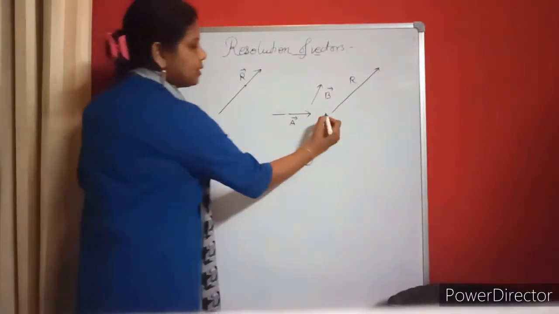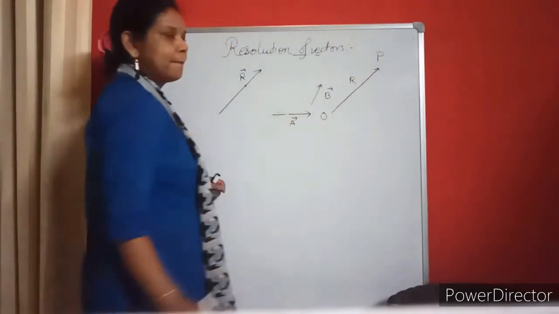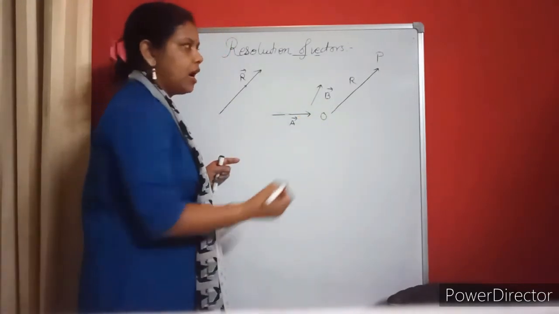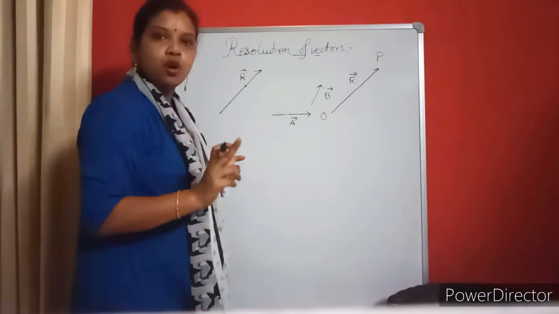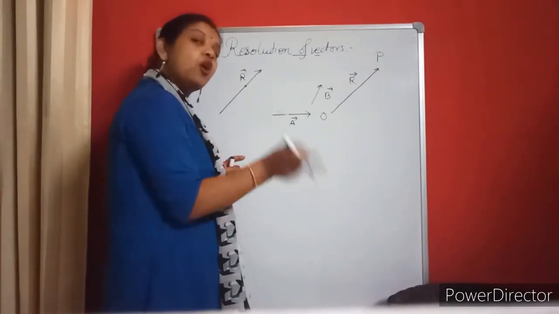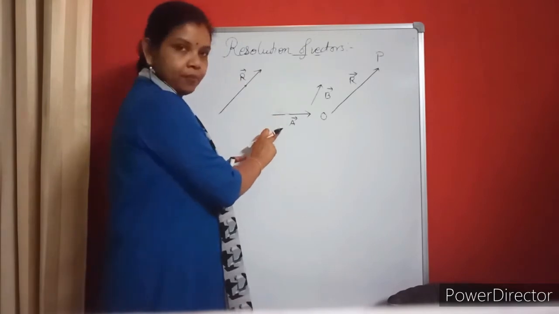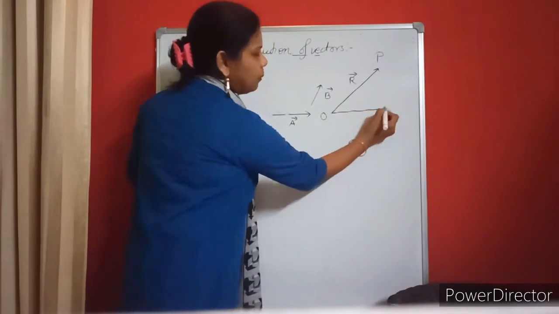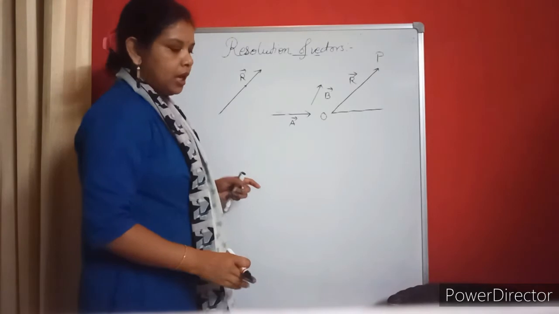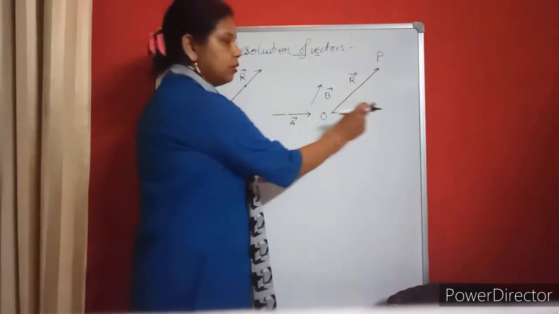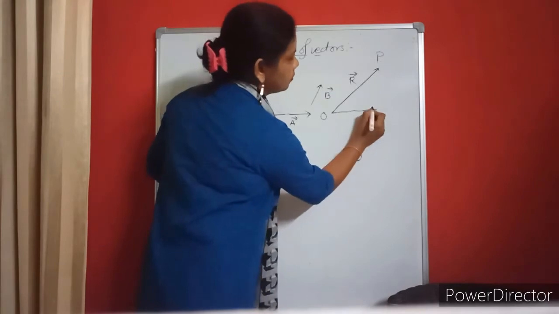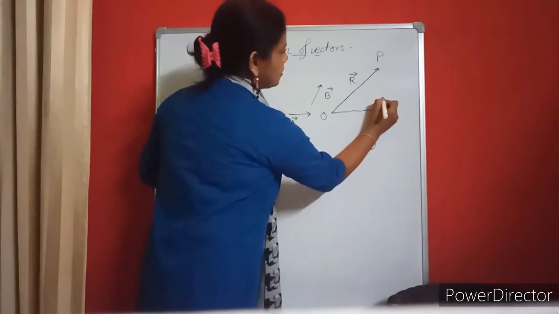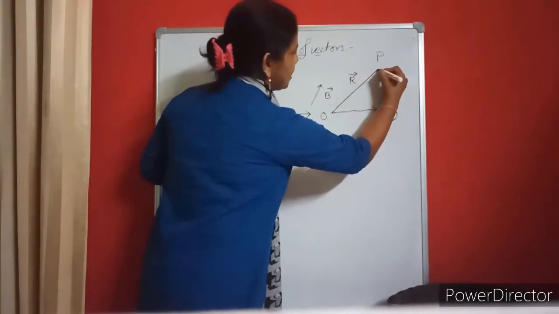Let us mark this as O and this as P. From the tail O, the tail of the vector R, we will draw a vector parallel to A. I will extend it also. Then from the tip, I will draw another vector parallel to B, like this. I made a mistake here; I have to extend it a little bit more.